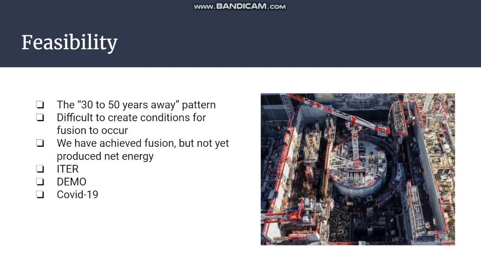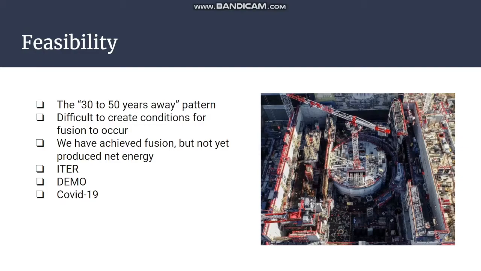So if it's such a silver bullet, then you may ask yourself why it hasn't already been achieved. Well, in the 1950s, scientists thought that fusion would be able to be achieved in about 30 to 50 years. And yet today, we still think that fusion is about 30 to 50 years away. And so some have come to hypothesize that maybe fusion is always going to be 50 years away.